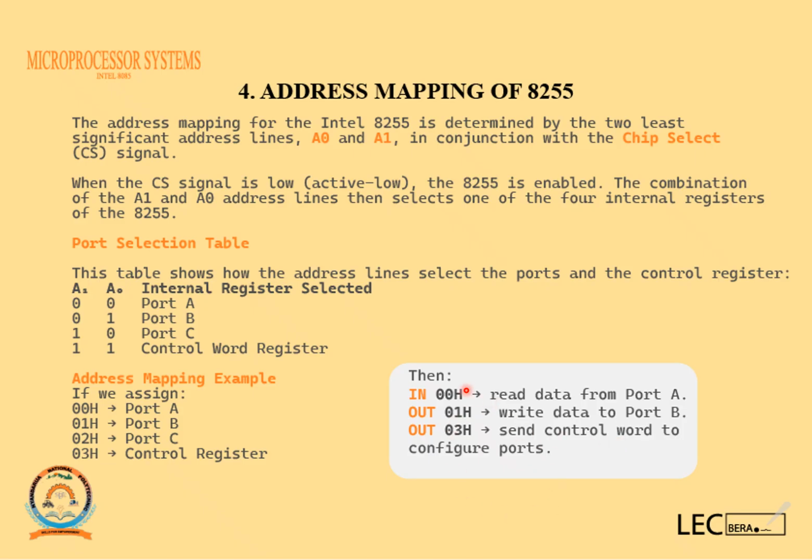We've said IN 00H reads data from port A, and if I say OUT 00H, then I will be writing data to port A, and we can exchange these instructions accordingly. So let's say I wanted to read data from port C, then it would be IN 02H.